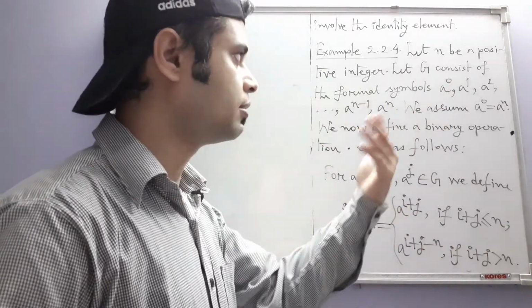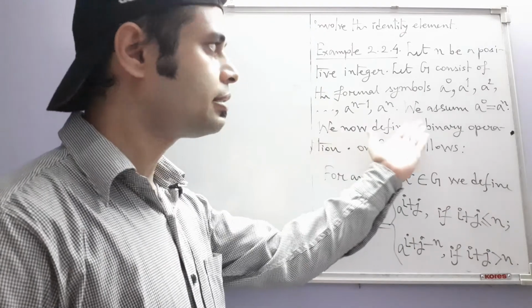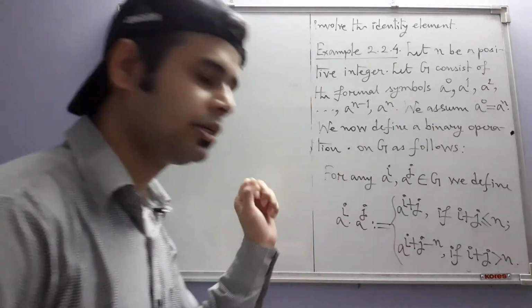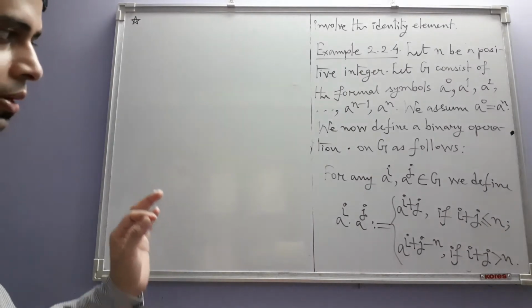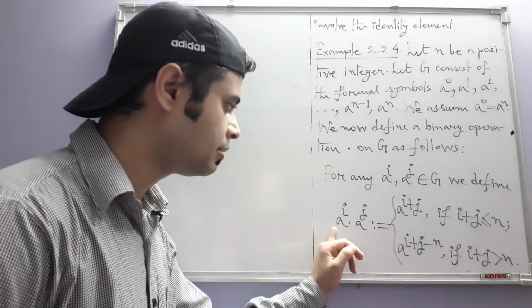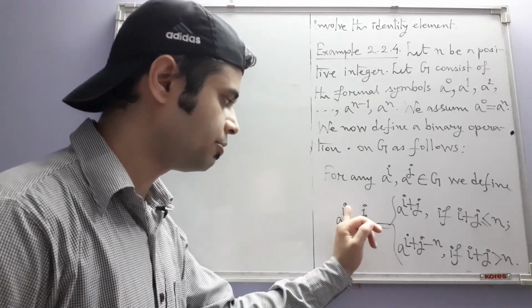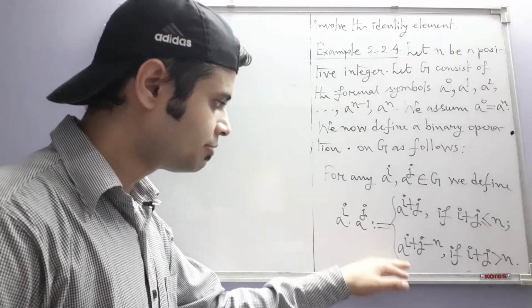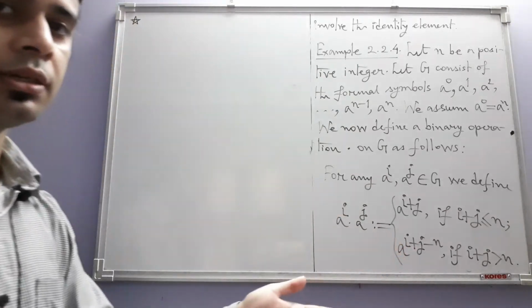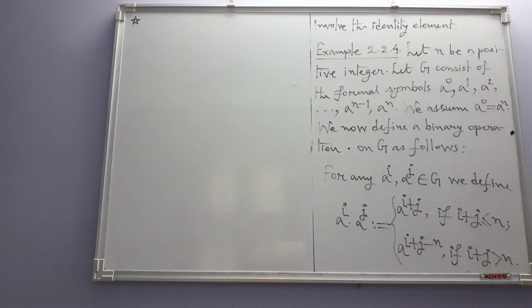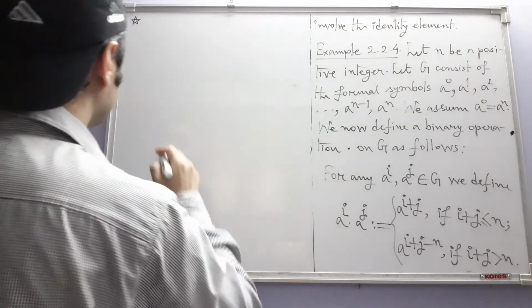If it becomes greater than n, then such a thing is not available in G. So that must be verified first of all. And the second thing is that whenever a to the power i and a to the power j are given to us, whatever I calculate is unique, because otherwise it won't be a function. So this is the first thing we have to show.